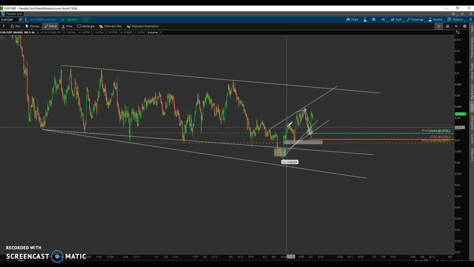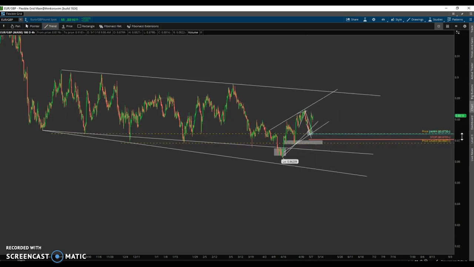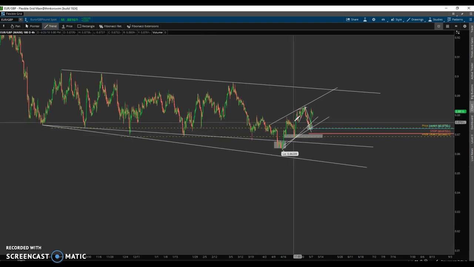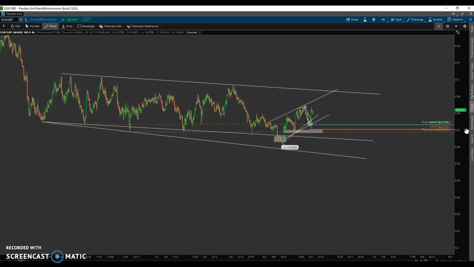Currently on the 4-hour chart, we're in an uptrend. If you map out that market structure, we got a low, high, higher low, higher high, higher low, potentially a higher high coming up. That's how you map the market within the higher market structure, if that makes sense.